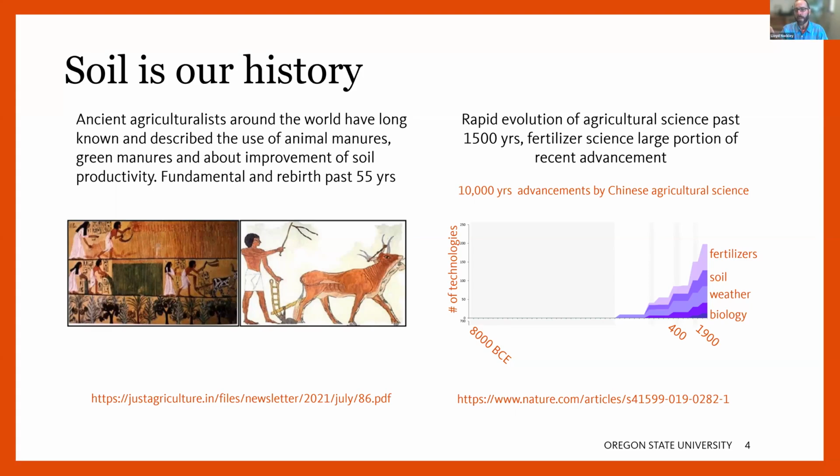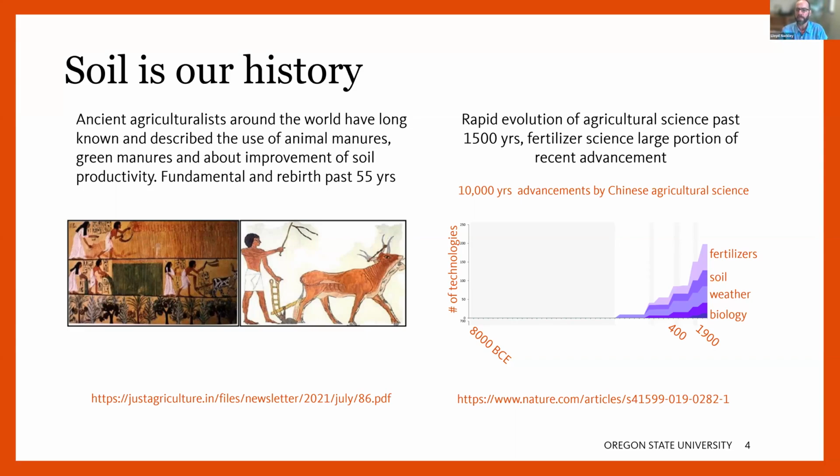When you look at the development of agricultural history, and I'm choosing Chinese agriculture in this example with the figure on my right, at least the purple graph, because there was a wonderful study about that. We see that in more modern times, so really the last 500 years, but a focus on the last 200 years, that fertilizer itself has become a big focus of how we're trying to increase our productivity in agriculture.